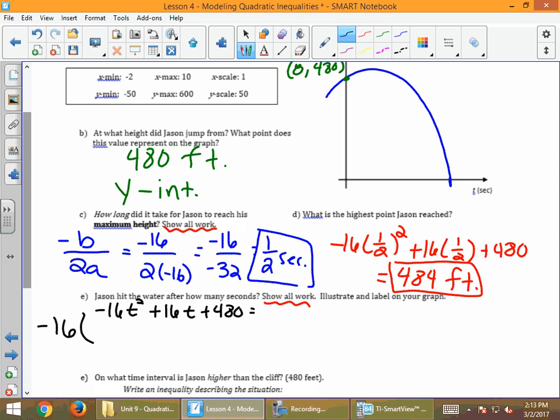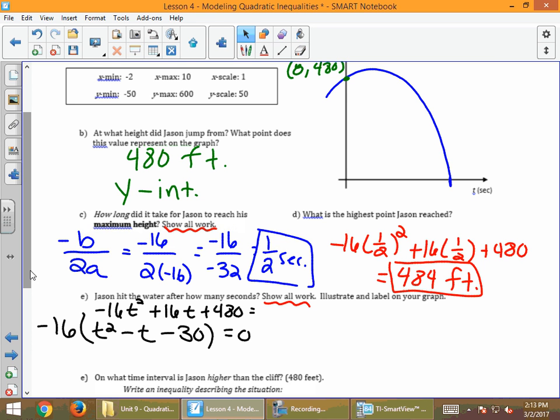What are our leftovers when we take out a negative 16? Perfect. We divide everything by negative 16.